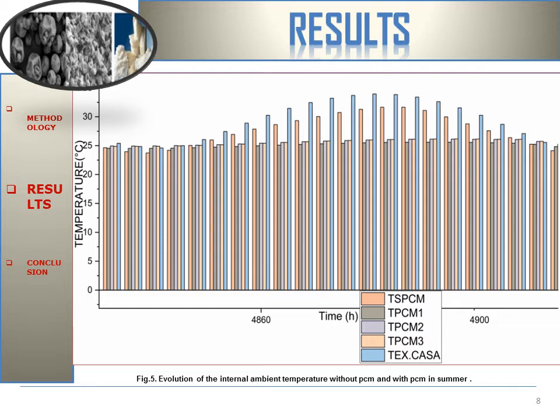So, a dynamic thermal simulation was performed with TRNSYS type 204 to compare the brick wall with the PCM and without PCM.